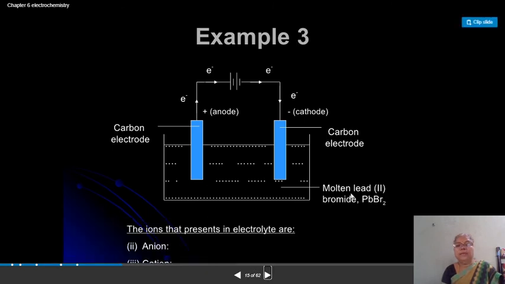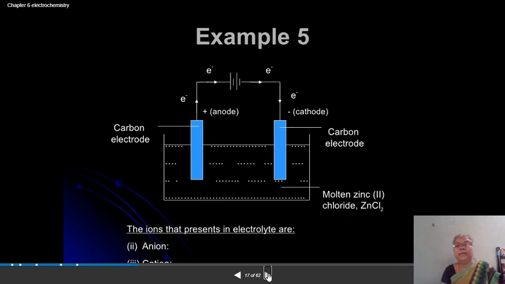Then here suppose we have molten lead bromide. Again the same case takes place. Positive ions get discharged at the cathode. Negative ions get attracted towards the positive electrode. Then another example, molten lead oxide, the same case happens.